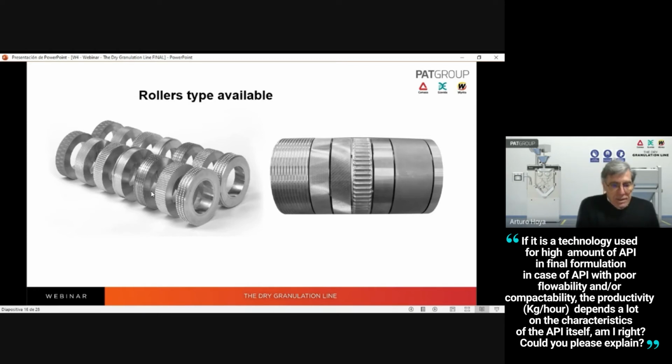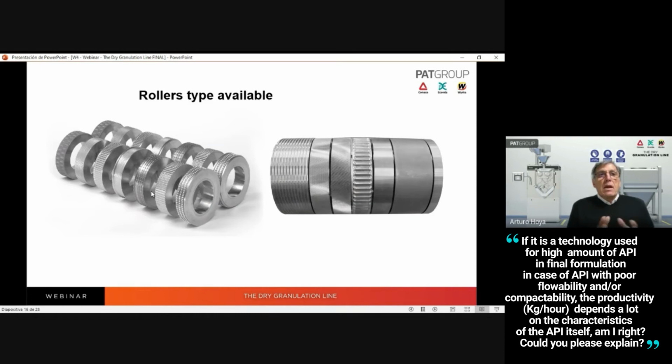In this process, the plastic API lost part of the compactability they have. In the second compaction in the tableting machine, they will have reduced compactability.